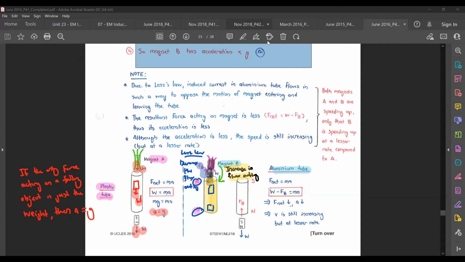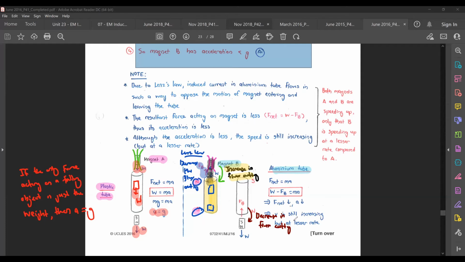If I look at this part here from here to here, as my magnet tries to leave, I will actually have a decrease in flux cutting, okay? Because my magnet is now trying to move away from the tube, my tube is going to cut less flux already, right? So this decrease in flux cutting will still cause EMF, will still cause induced current.